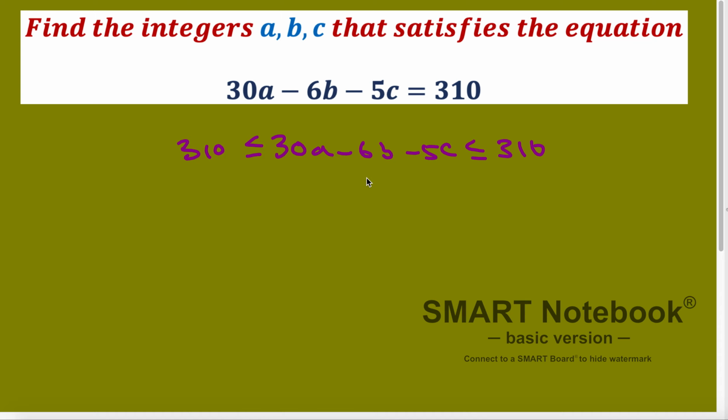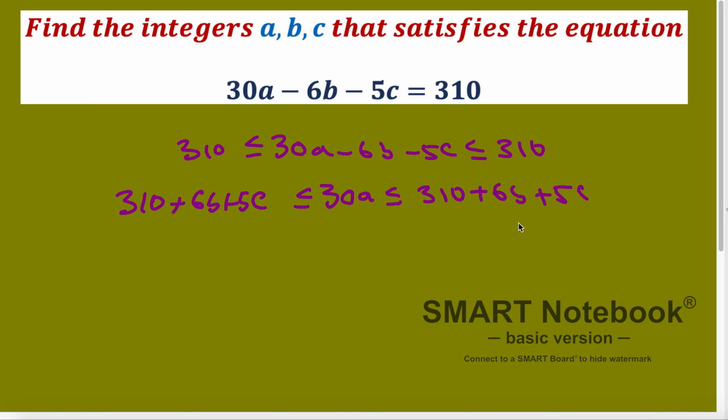And here we are adding both sides 6b plus 5c, and this equation can become 30a smaller or equal to 310 plus 6b plus 5c. And on the other side it is going to be the same thing, 310 plus 6b plus 5c.